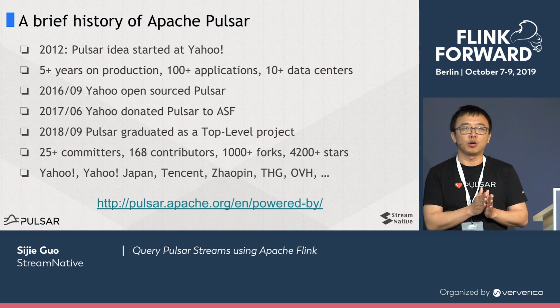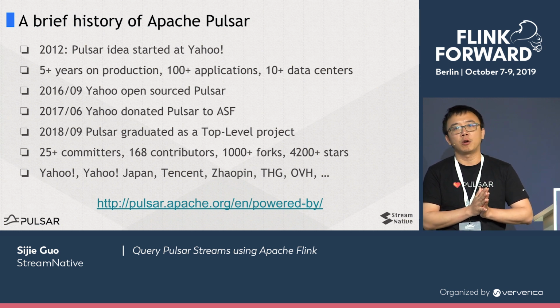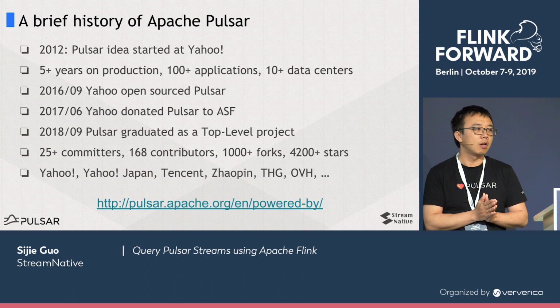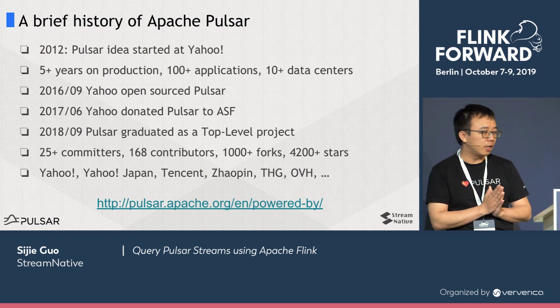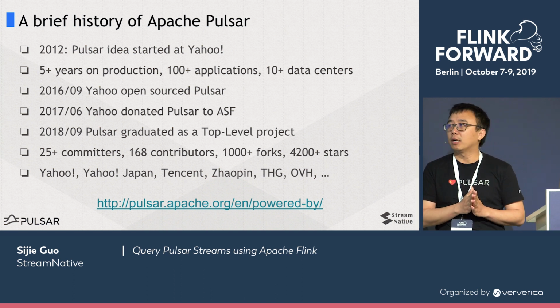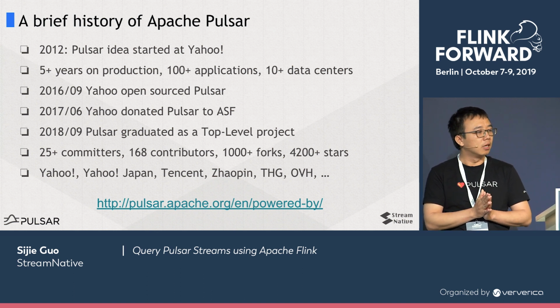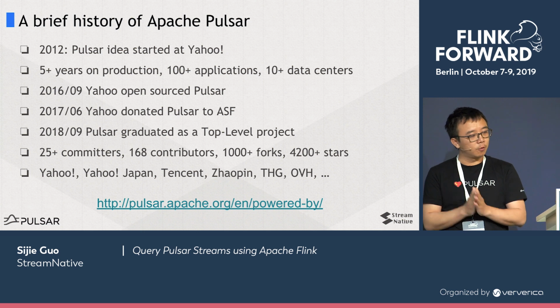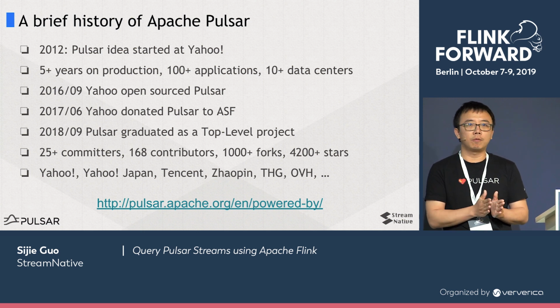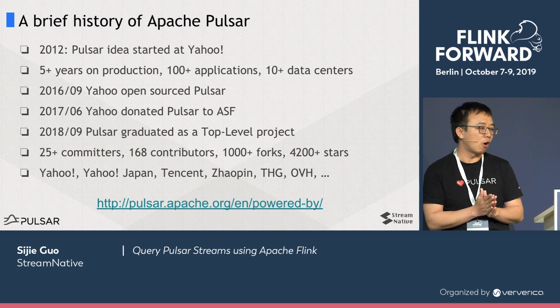We ran the incubation in the Apache Foundation for about a year. It graduated as a top-level project. And right now we have about 25 committers from about 9 companies and 4,200 stars and 1,000 forks.